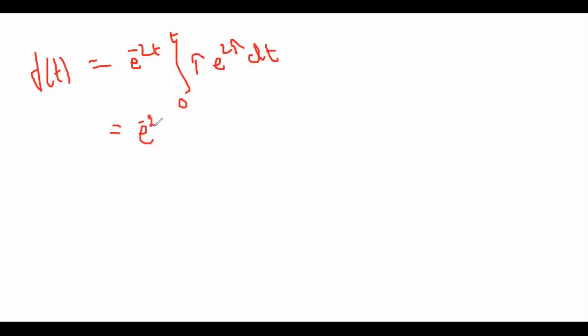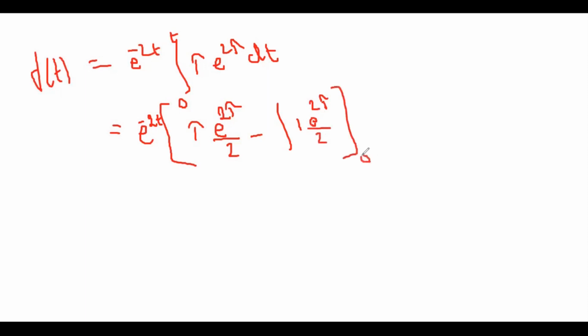Integration by parts. So what is the integration by parts here? First of all, I take tau and apply the integral to e power 2 tau, giving e power 2 tau by 2, minus, take the derivative of tau, which is 1, and apply the integral for this one, e power 2 tau by 2, with the limits 0 to t.